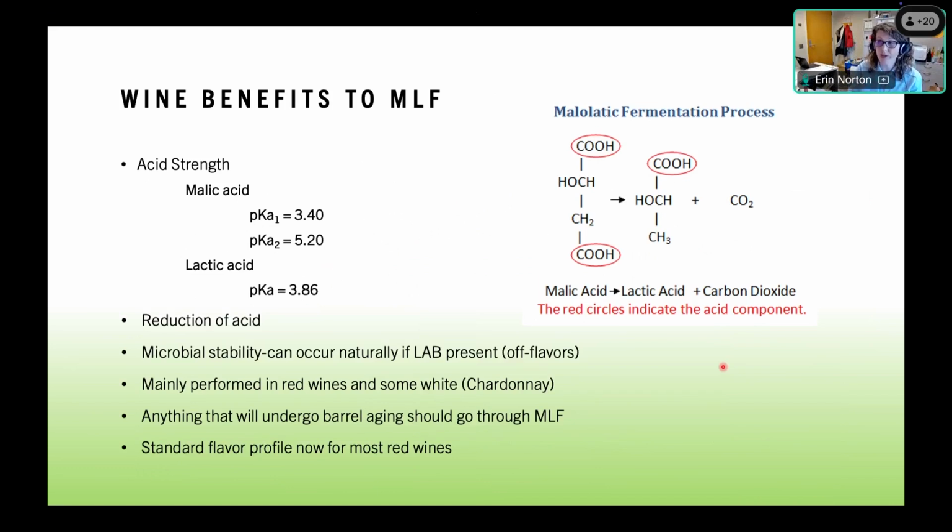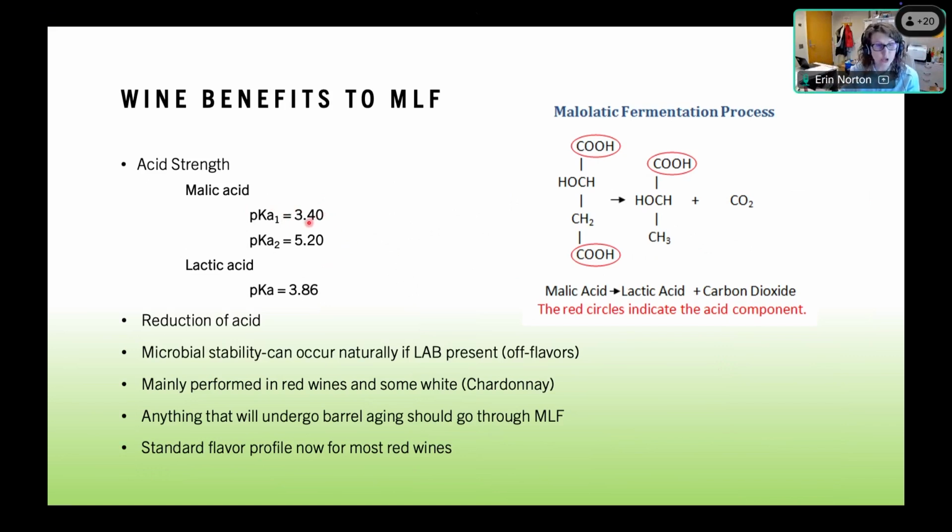If you can really understand that, you're going to go a long way in understanding wine chemistry. So this pKa1, let's say for malic acid, is the pH where you have 50% with the H attached, 50% with the H unattached. Okay, and that's the definition of pKa for everything.